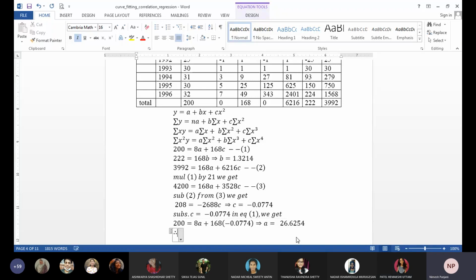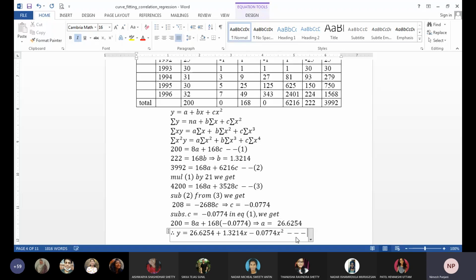Therefore, what is the equation of the parabola? a plus b x minus 3x square. This I take it as equation 4.